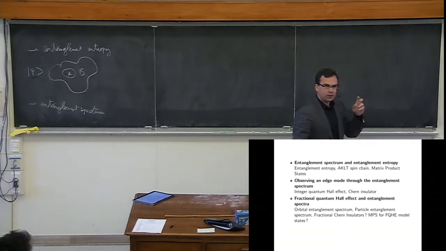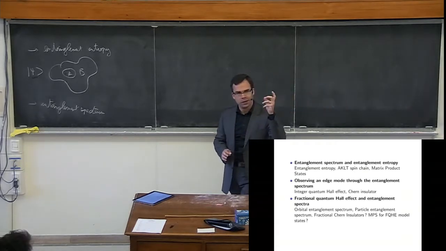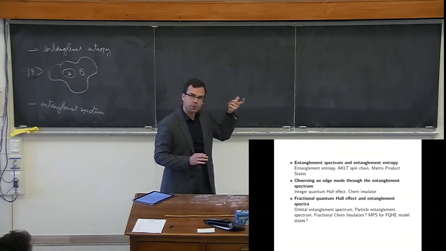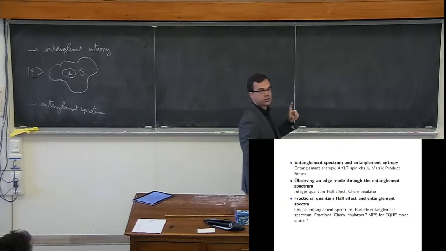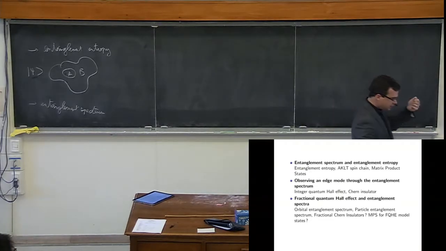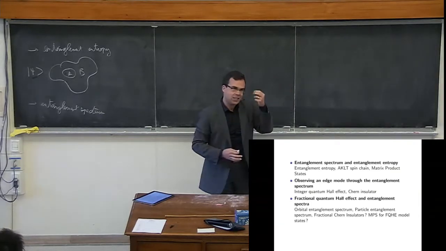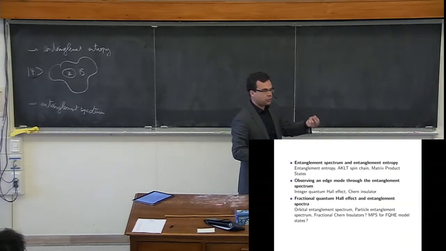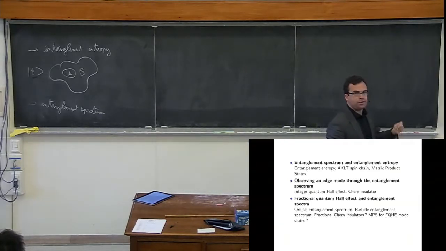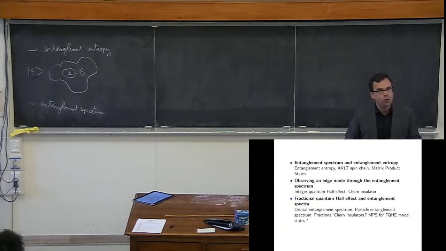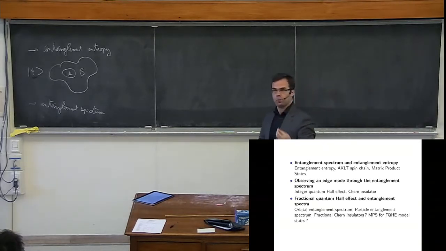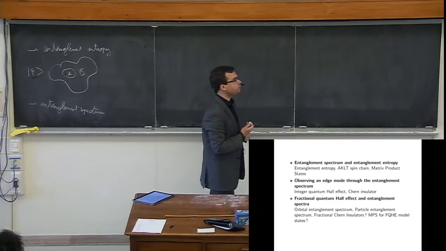And I will show you the connection between the story of entanglement spectrum and matrix product states. You will see that all the information that we will extract from this concept of entanglement spectrum is tightly related to a very efficient way to encode information about a quantum wave function.